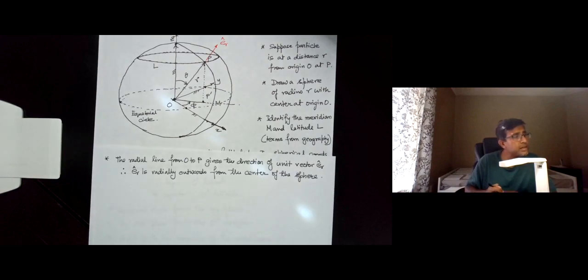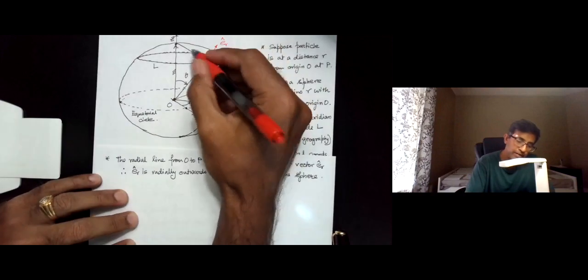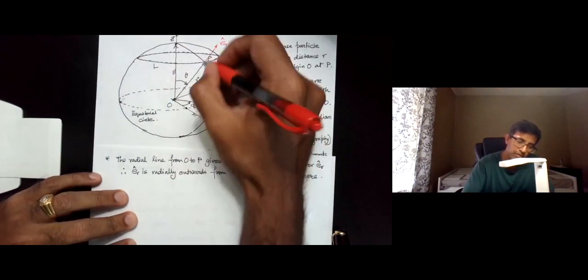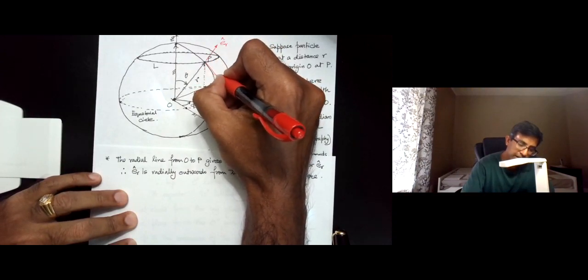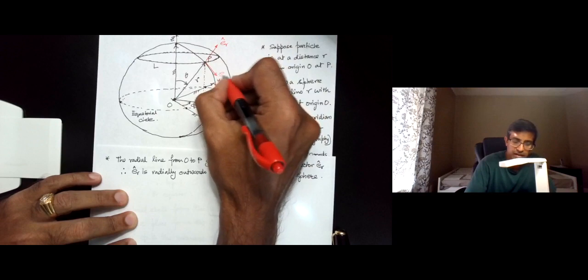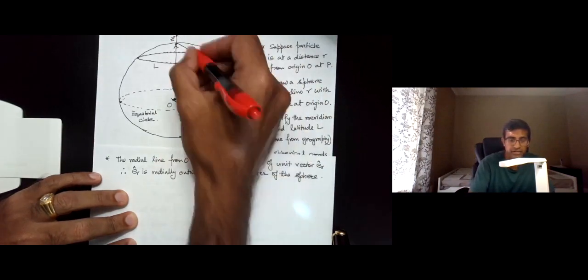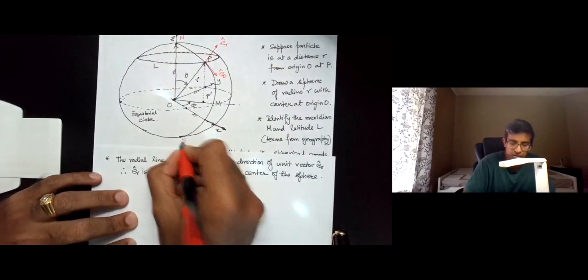The next unit vector is the unit vector that is tangential to this meridional circle. Okay, and it is like that, and we call it E theta. It is tangential to this meridional circle, and it is directed away from the north towards the south.